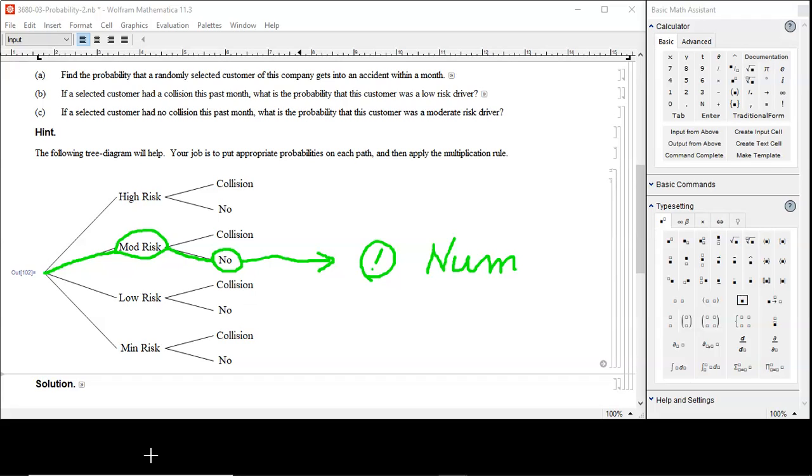Okay? The probability of that event I want is the numerator, and the denominator is the total, basically. And this one is the one I want. We know no collision, all right? So we have to consider all no collision cases. There are four possibilities. Among all those, this is the one I'm particularly interested in.